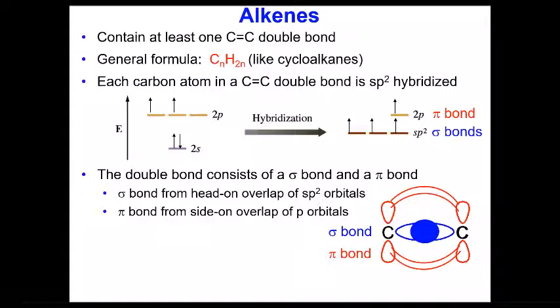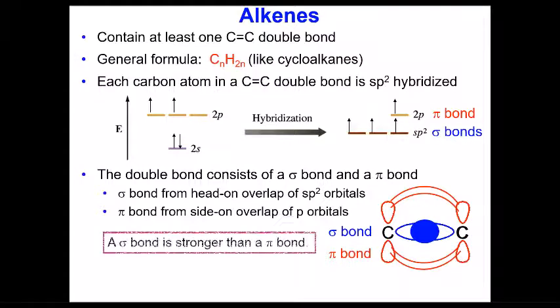I'll show you a more fully 3D animated PowerPoint in just a bit. But what you need to know for your alkenes is that your sigma bond is stronger than a pi bond. This carbon-carbon double bond is an electron-rich site.